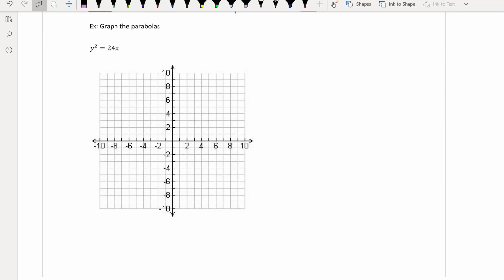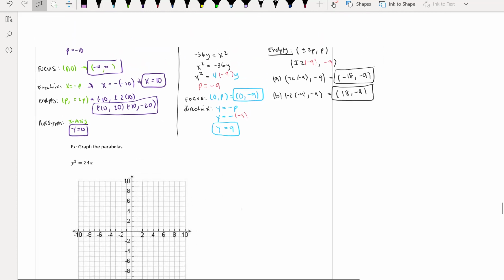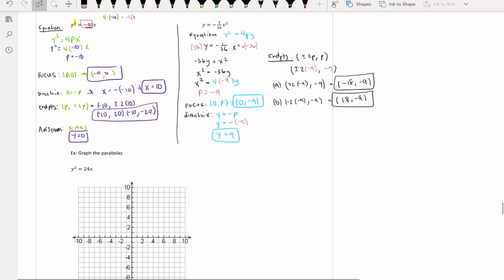Well, now the next thing I have here is that it wants me to graph the parabola. So here I have y squared is equal to 24x. So looking above or looking at the previous page can tell us what's going to happen when I have that y squared.